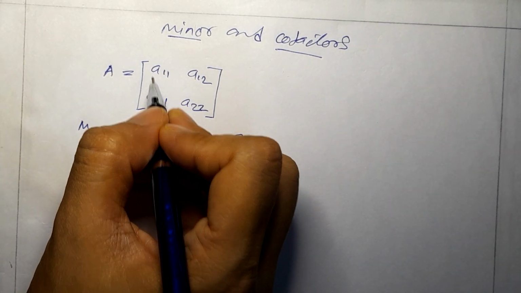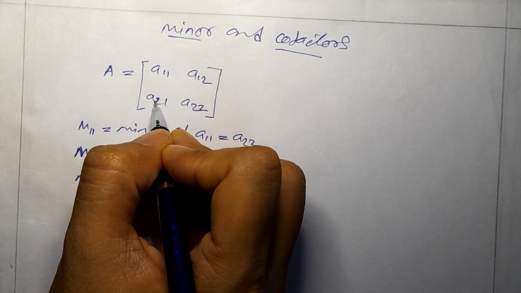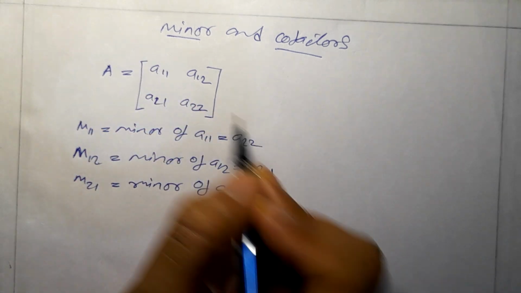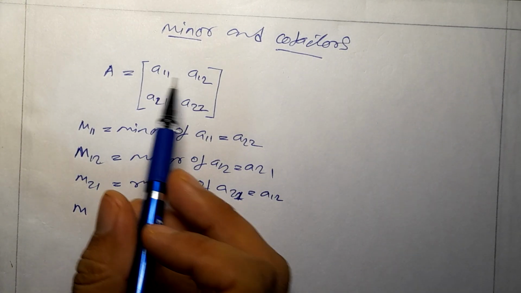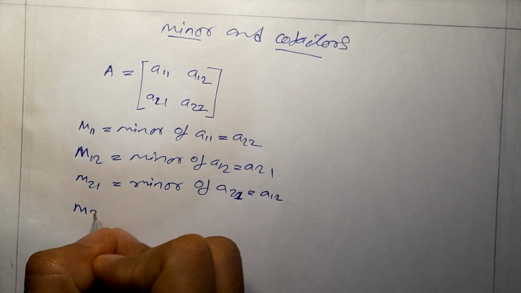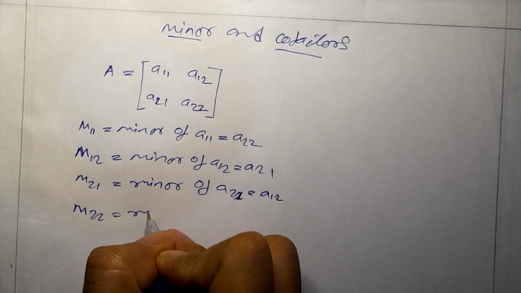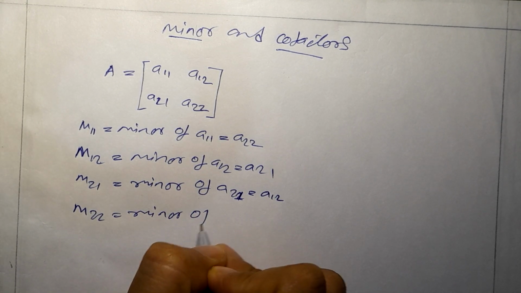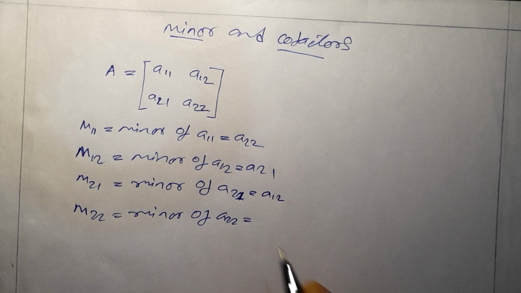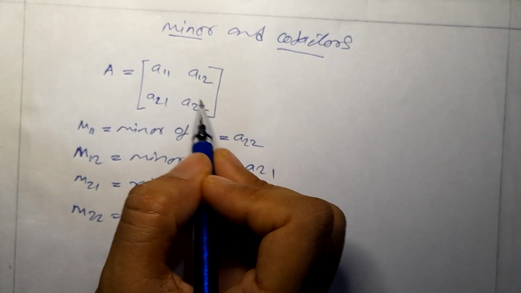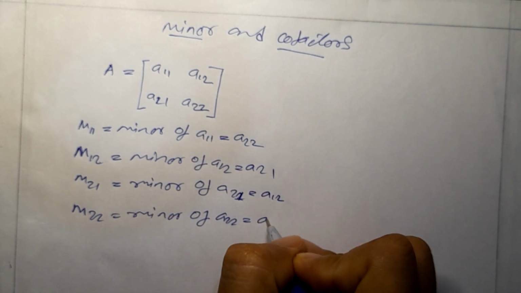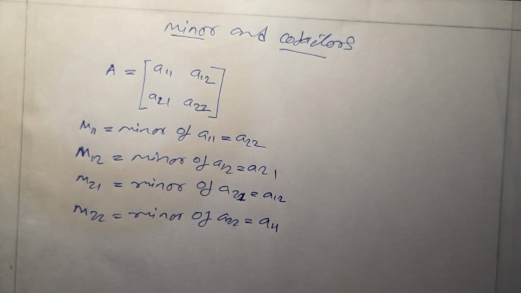Eliminate this row and this column. Another one, we have the 4 elements 1 2 3 4. So M22, minor of A22. Eliminate the second row and second column. This is the second row and this is the second column. So the remaining is A11. These are the results.